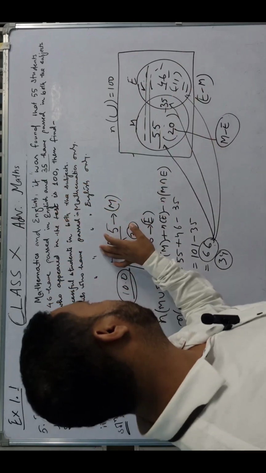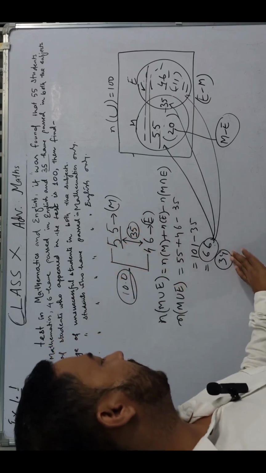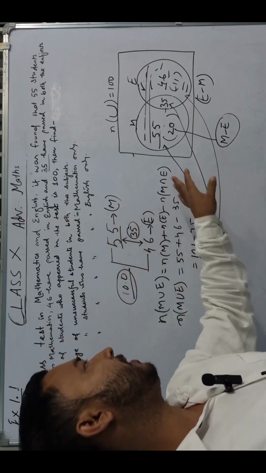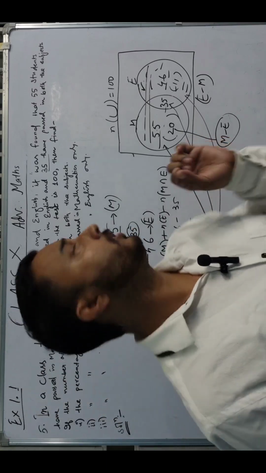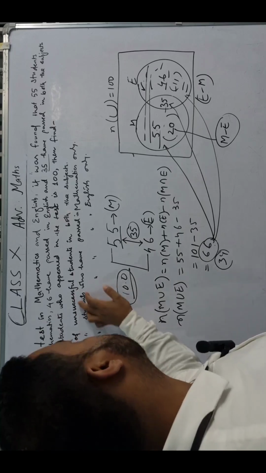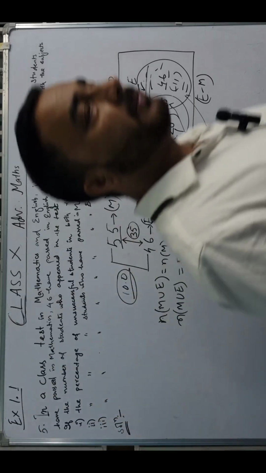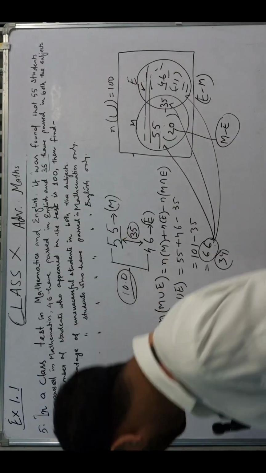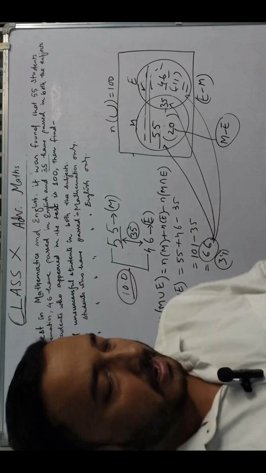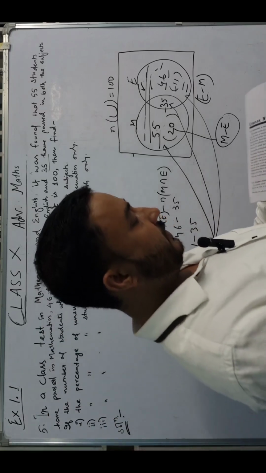So out of 100 students, 34 could not pass any of the two subjects. That means the percentage of unsuccessful students is 34%. Okay, let us check the answer. The answer is also given. I think it is clear, right?